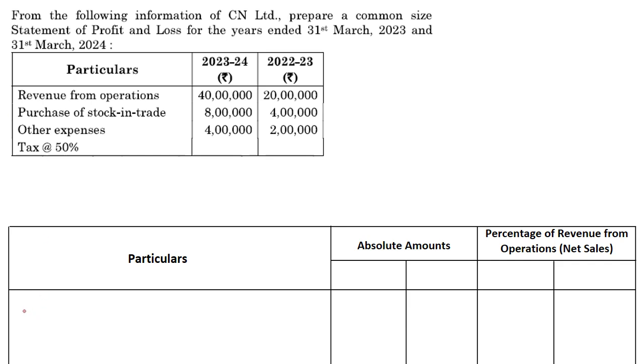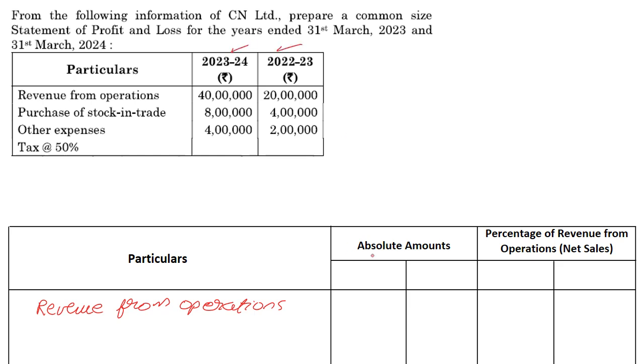Revenue from operations is given to us, which is part of the format. I'm just going to write it down as revenue from operations. We have to do it for the current year and the previous year.